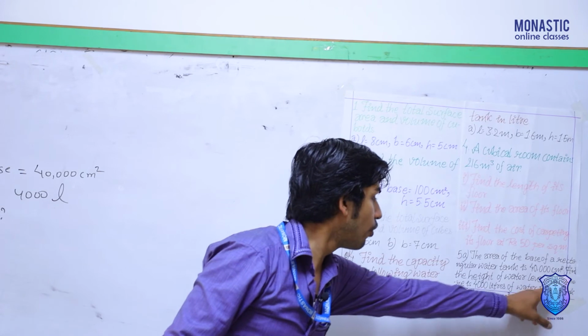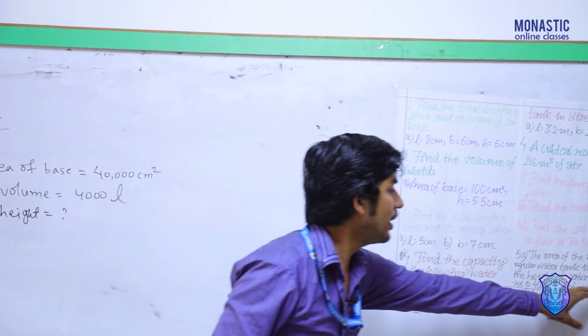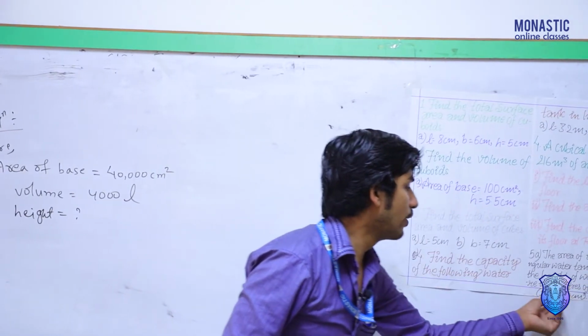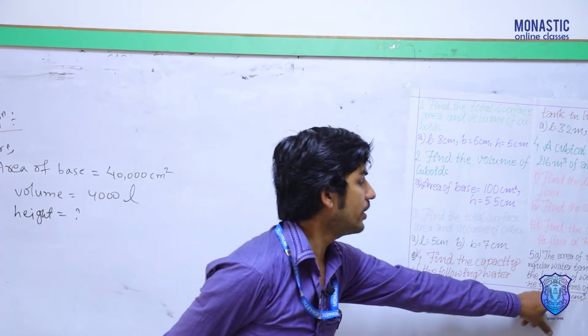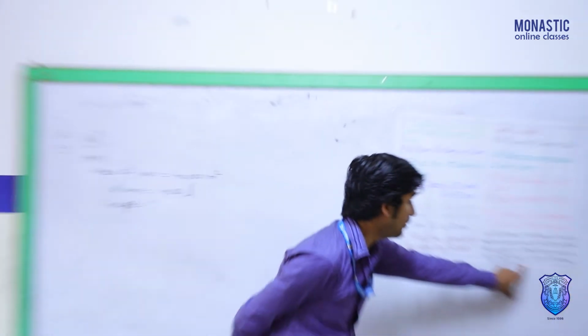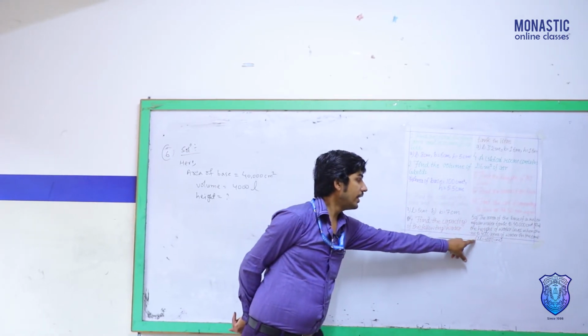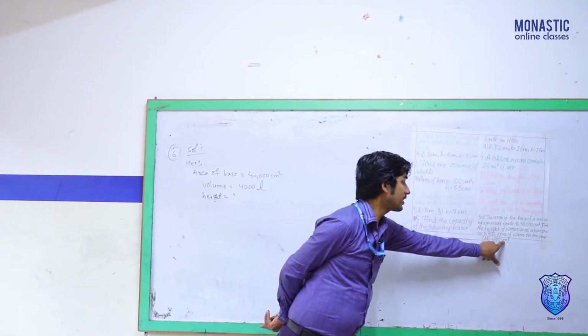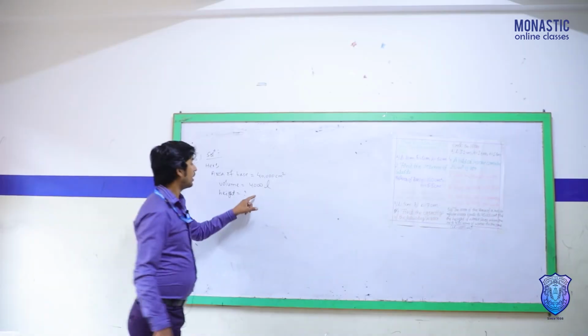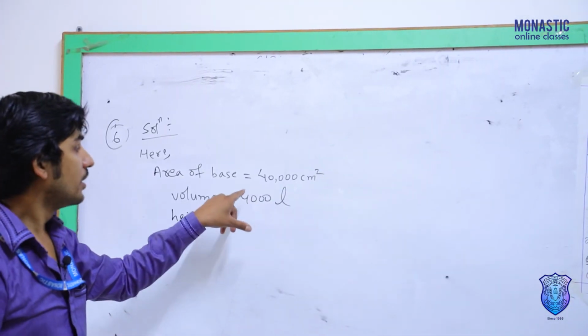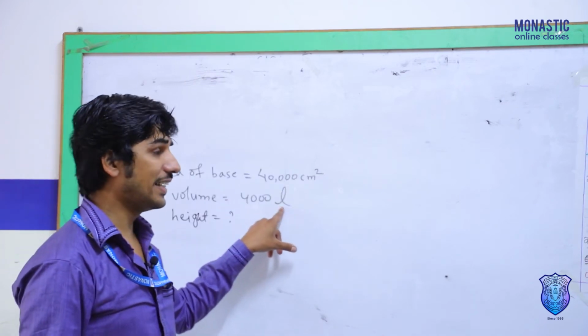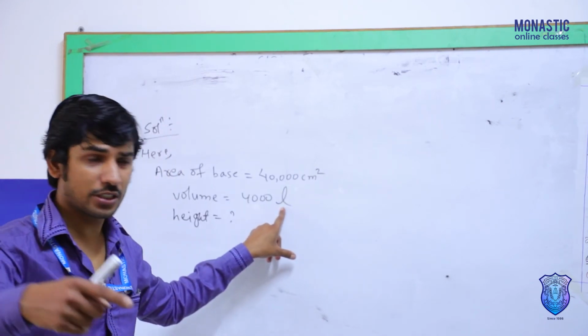When there is 4,000 liters of water in the tank, we know that 1 liter is equal to 1000 cubic centimeter. So when 1 liter is equal to 1000 cubic centimeter, first of all you have to convert these 4,000 liters into cubic centimeter.